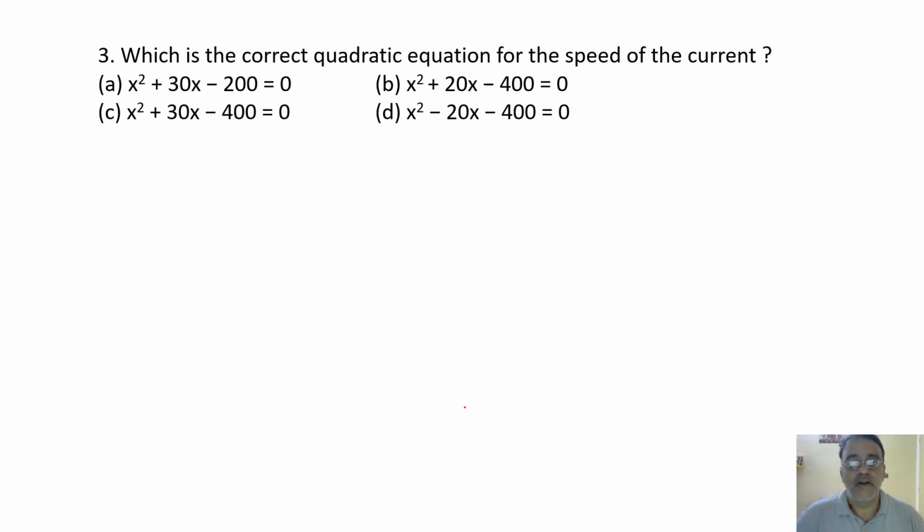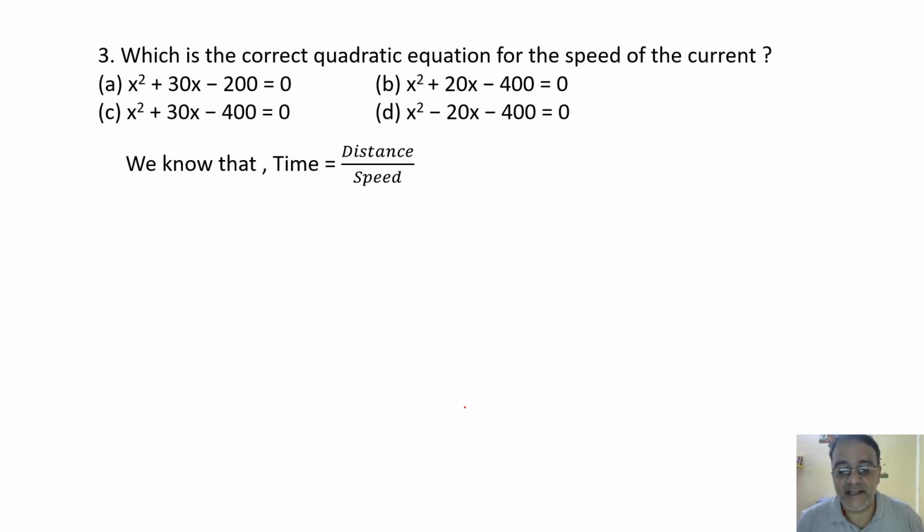Now we are moving toward the next question, which is the correct quadratic equation for the speed of the current. We can also write this question as, which is the correct quadratic equation related to this situation? So we know that time is equals to distance by speed, and distance is given 15 kilometer.